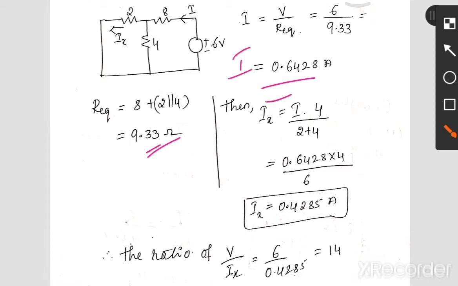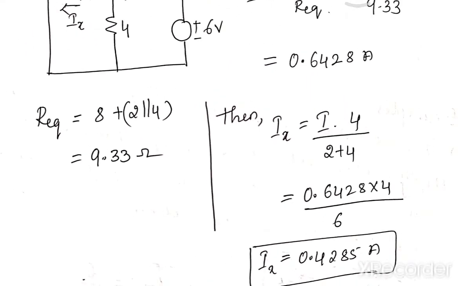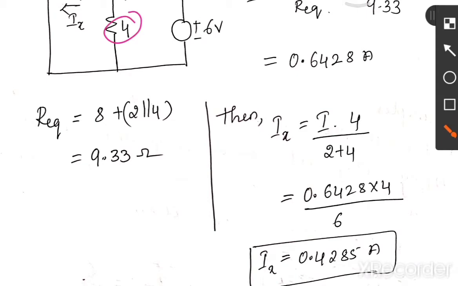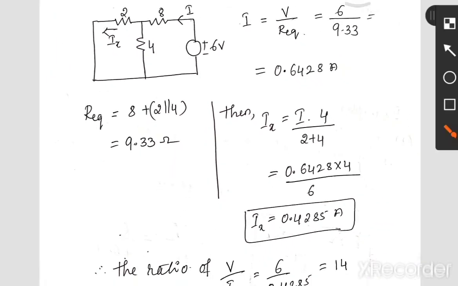Let's calculate the branch current. Ix is equal to the main current into the resistance of the other branch divided by the total resistance, which is the main current 0.6428 into 4 divided by 2 plus 4, which is 6. So Ix is equal to 0.4285 amperes.